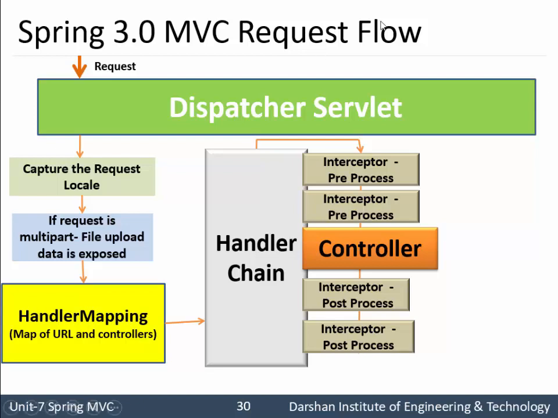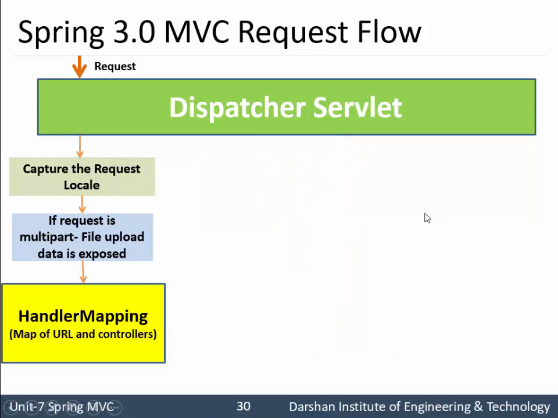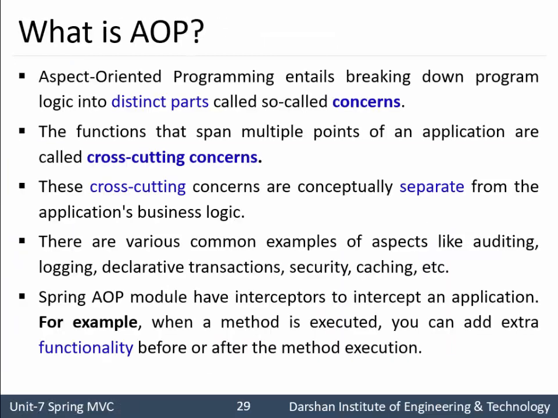Before it comes to the controller, there are interceptor pre-processor and interceptor post-processor. So it is similar to AOP, where in Spring AOP, when a method is executed, you can add extra functionality before or after the method execution. This is known as an interceptor, and in aspect-oriented programming, we can have such functionality added before or after execution of a method.